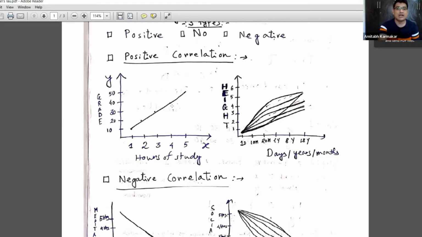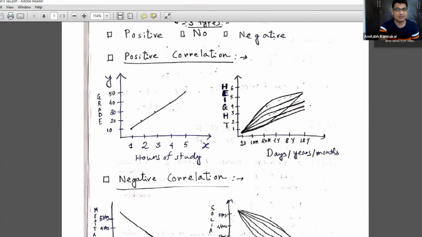So like I've given the example, the more you study, your grade also will increase. 1 hour of study, 10 marks. 2 hours of study, 20 marks. 3 hours of study, 30 marks, and so on. Likewise, let's say height increases, height versus time, days, months and years. 1 day maybe half a foot. 10 months maybe 1 foot. 20 months maybe 2 feet.